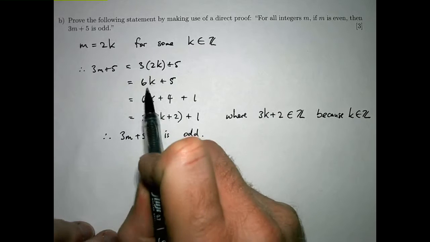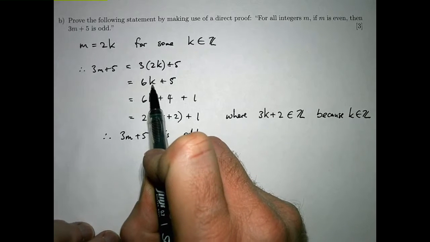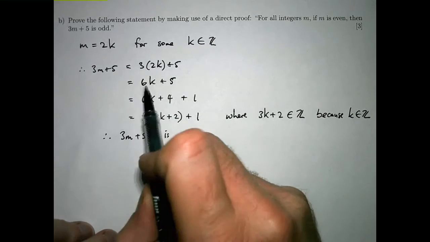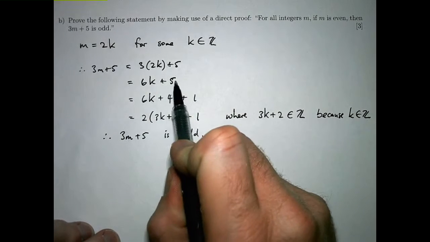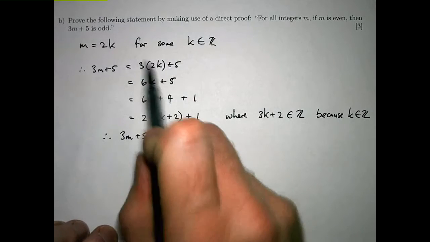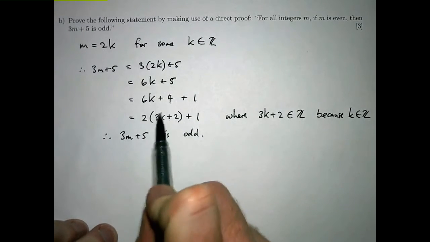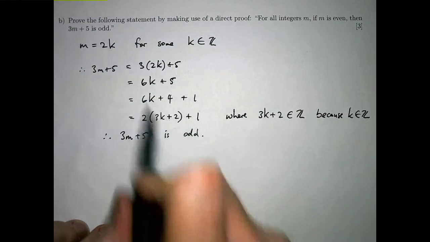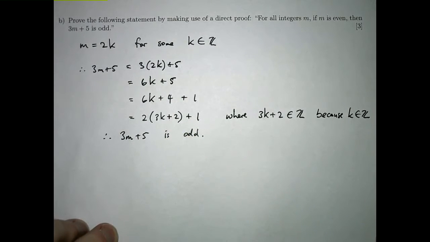Now some of you got part marks over here if you stopped and you explained that well, k, whether it's odd or even, if you multiply it by an even number you get an even number, and if you add an odd number to an even number you get an odd number, and you got some marks for that. This however is the formal proof, because here we use the definition of odd. Yes, this is true, but we could ask you to prove that.